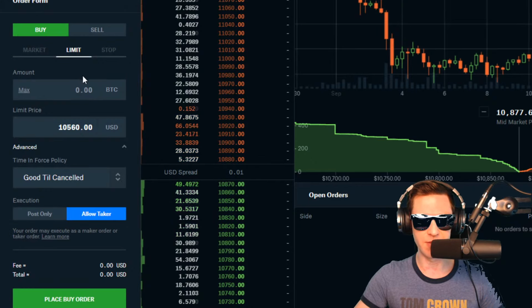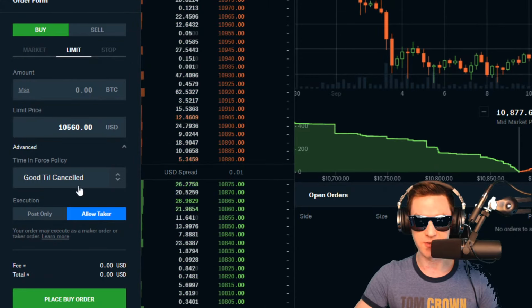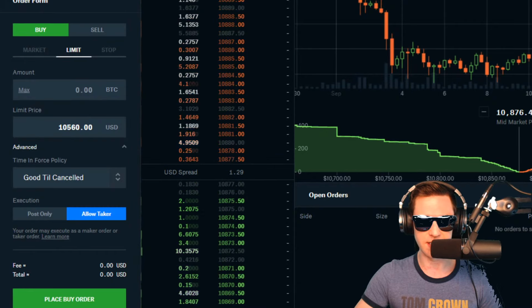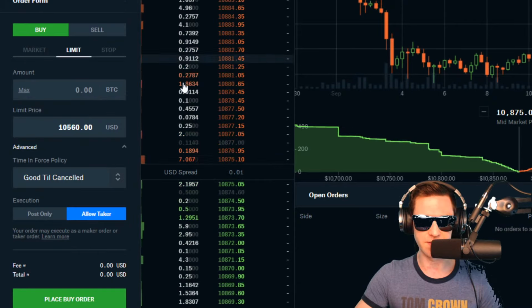Allowing taker might be useful if you're doing really fast, quick trades. I think maybe bot trading might use this. Say you make a limit order and the price is exactly 10,877.